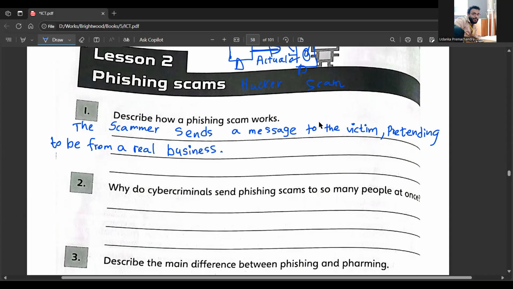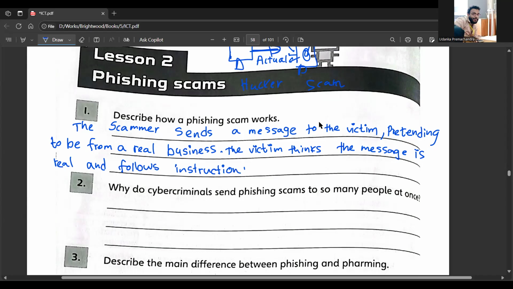So the victim thinks the message is real and follows the instruction. They send the message with some instruction.